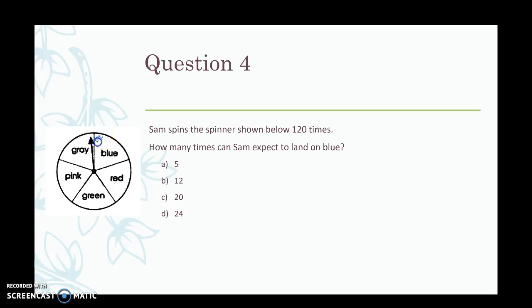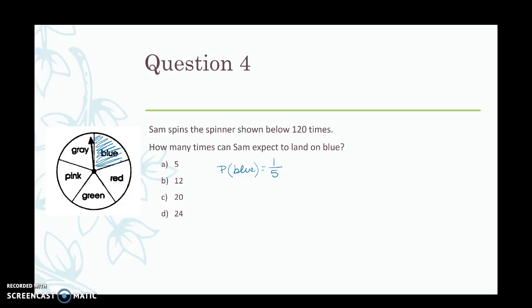So we are looking for this piece right here, and blue's only listed once. So the probability on the spinner of getting blue is 1 out of 1, 2, 3, 4, 5 total options. So the probability of blue is 1 out of 5.